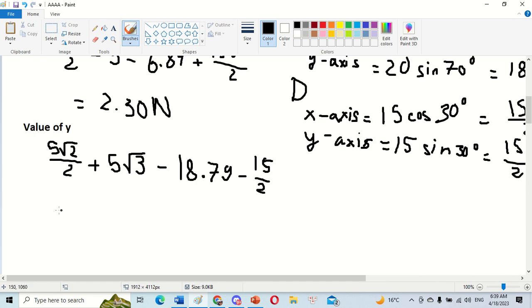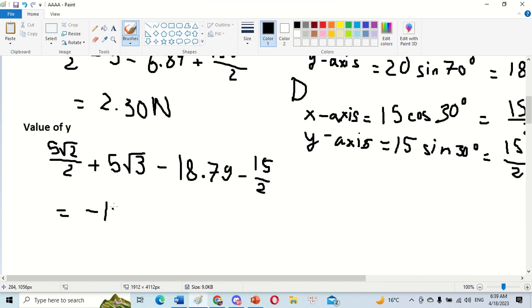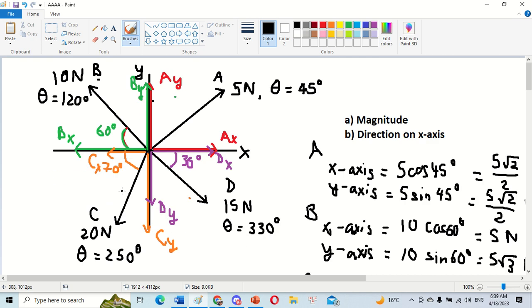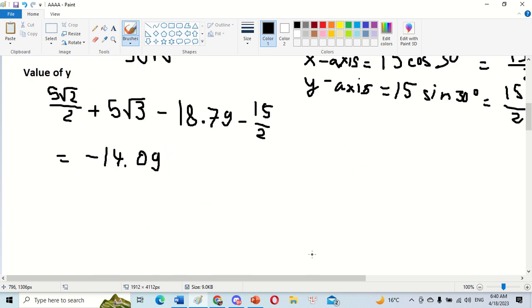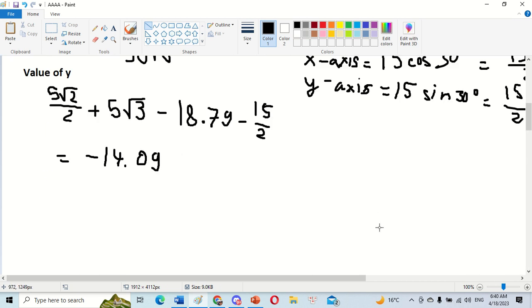So we calculate this one, and we have negative 14.09. So why do we have a negative sign here? Because the total vector dy plus cy is bigger than by and ay, so the vector goes down in here. So we want to find the magnitude of this one, so I need to draw the new diagram in here.